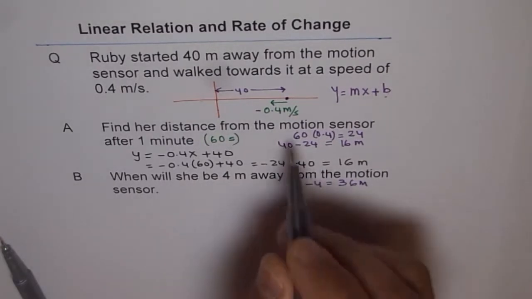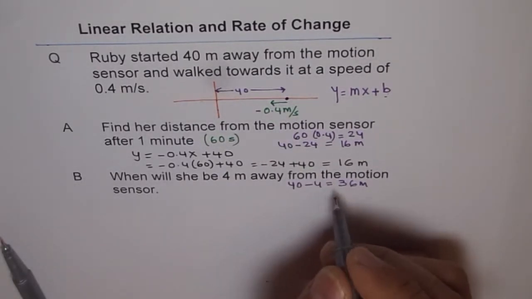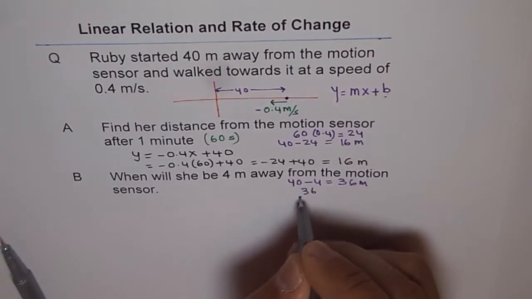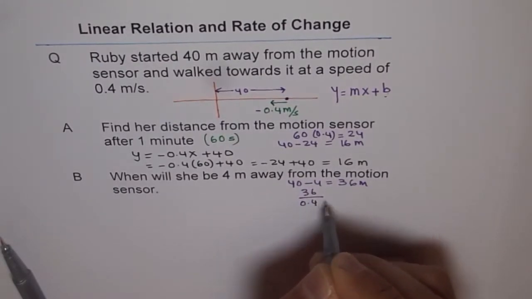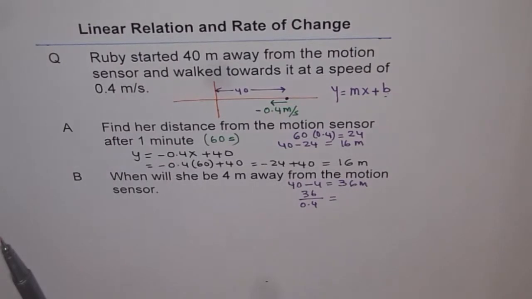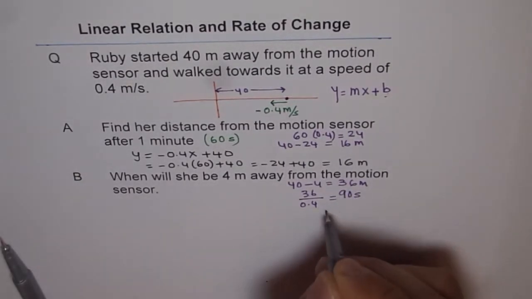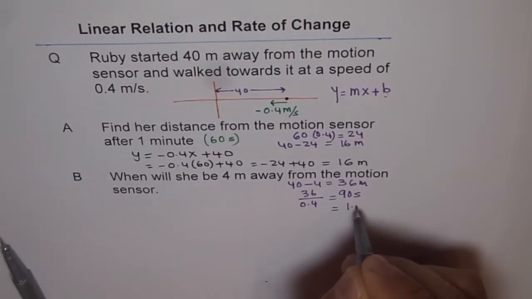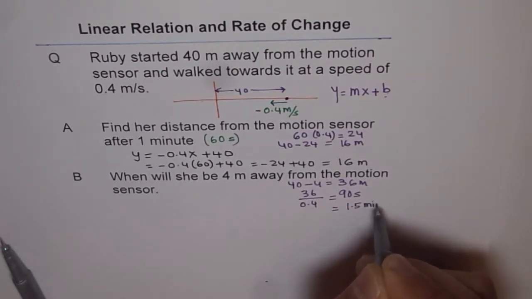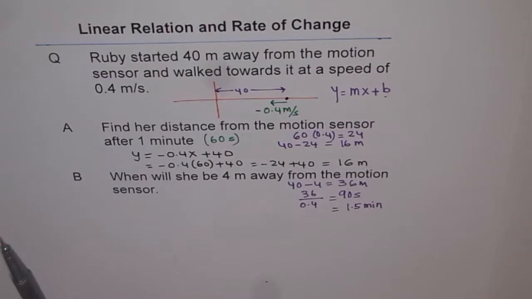Now the speed is 0.4, therefore the time will be 36 divided by 0.4, and that gives you the answer. So 36 divided by 0.4 gives us 90 seconds. 90 seconds means 1.5 minutes, right? So that is the answer we get by solving like this.